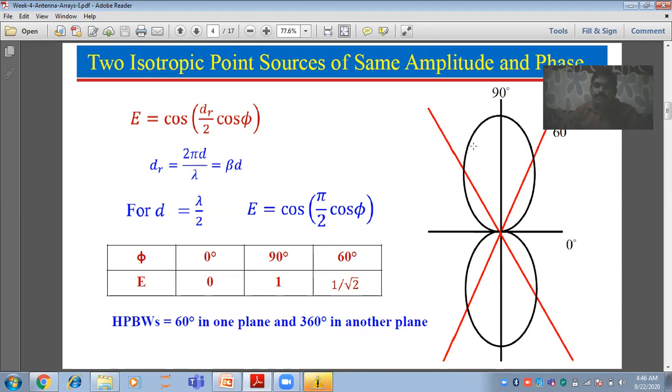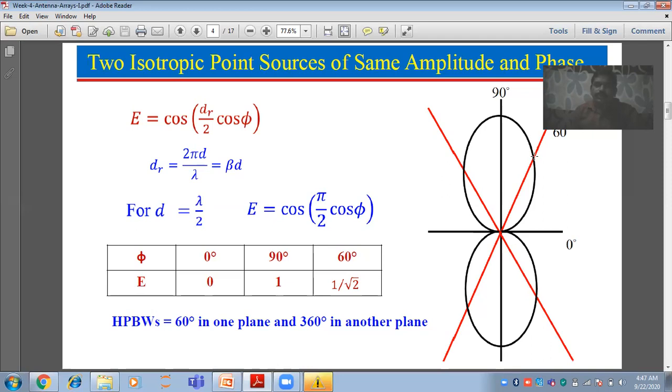So at an angle of 30 degrees from the y-axis, we are getting the similar 3 dB point. If we add this 30 degrees to 90, that becomes 120 degrees. So in the direction of 120 degrees, we expect another 3 dB point. Since the structure is symmetric, this is the 1 by root 2 point on this side and the 1 by root 2 point on the other side.